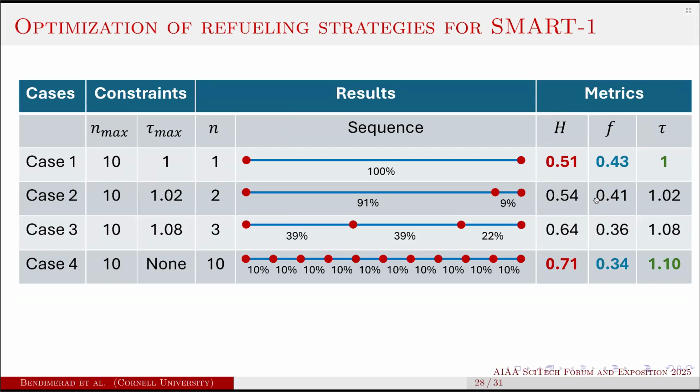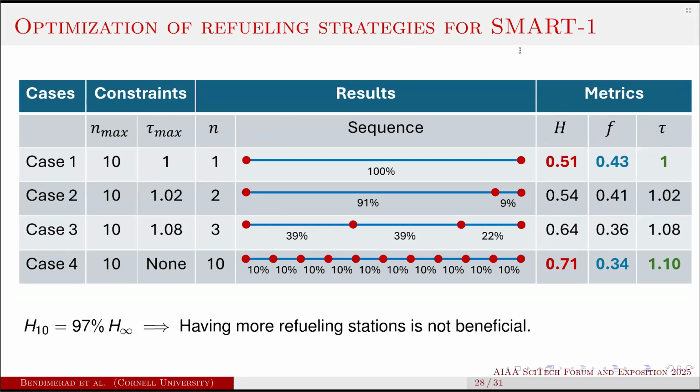At the same time, there is a decrease in the specific propellant consumption of 9%, which means that even though we could use more propellant, the propellant over the payload mass ratio is decreased. And this comes at the cost of having a mission that is 10% longer than the actual Smart 1 mission.